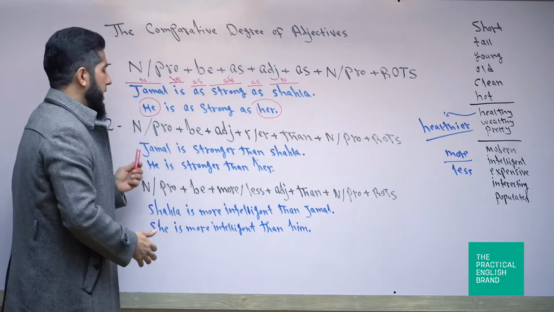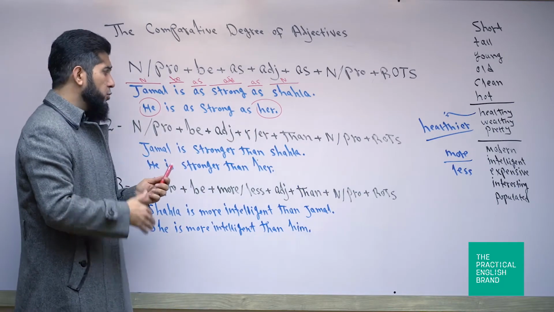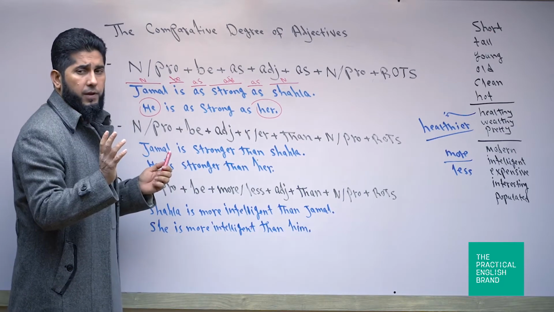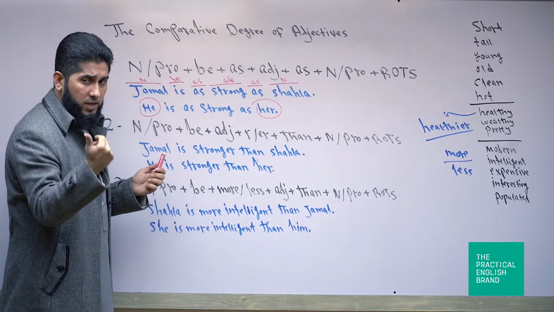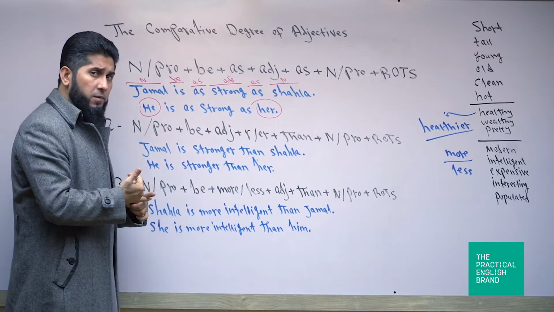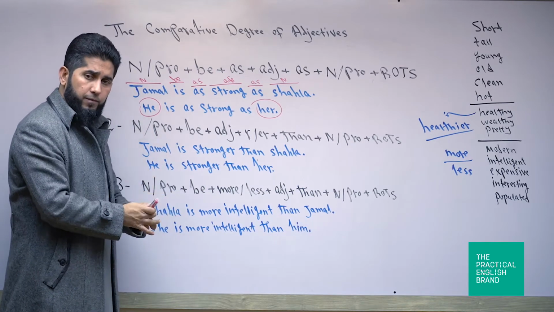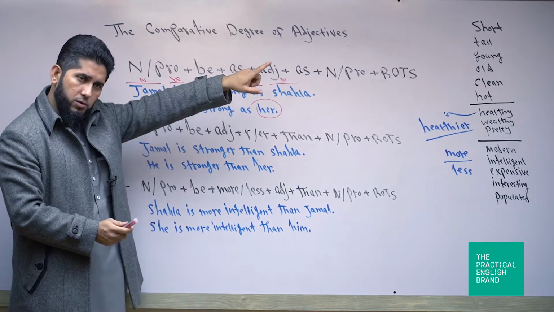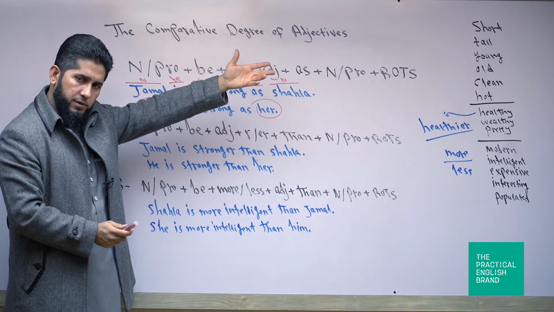And structure number 2. Now, this is the comparison. This structure is for one syllable adjectives, or two syllable adjectives which end with y, the ones that I explained over there. So this structure is used for those two types of adjectives.